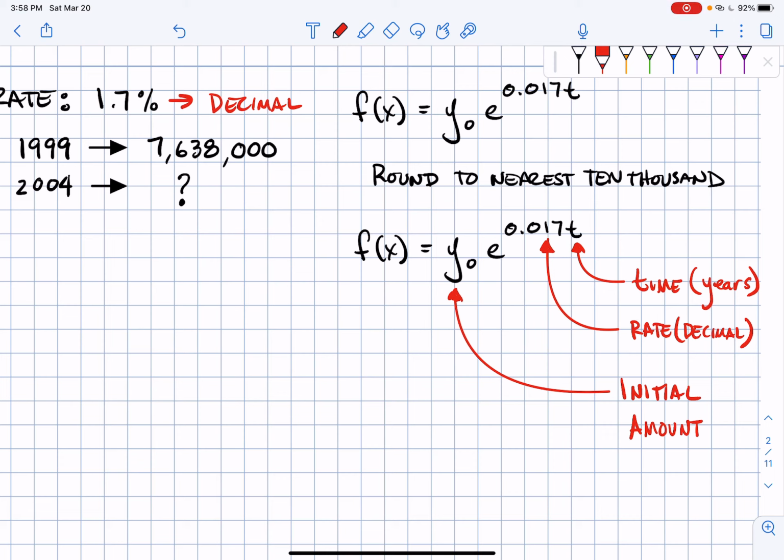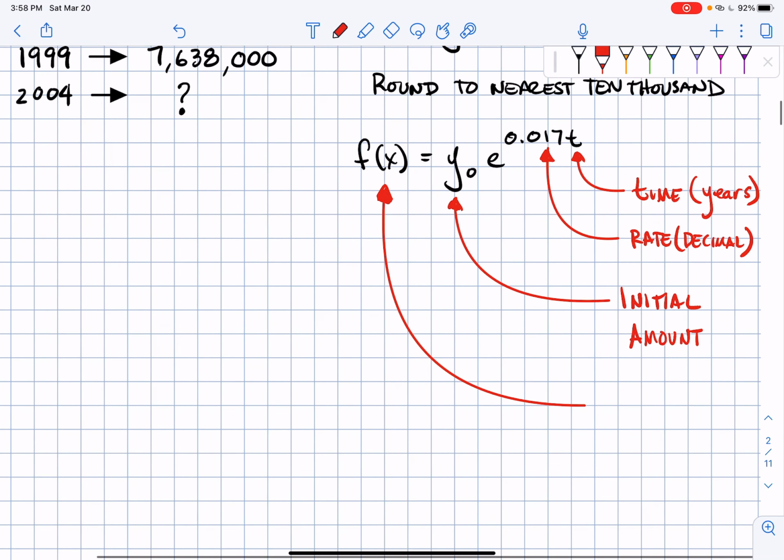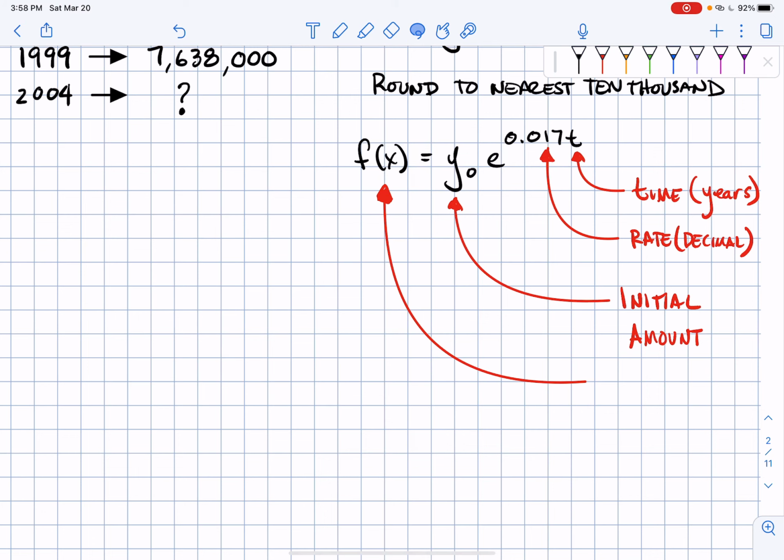And then here, the f of x is also known as just plain old y, which is known as your final amount. Meaning, if I can spell them out, it'd be great. Okay, it's a final amount. So in other words, what is the population in 2004?